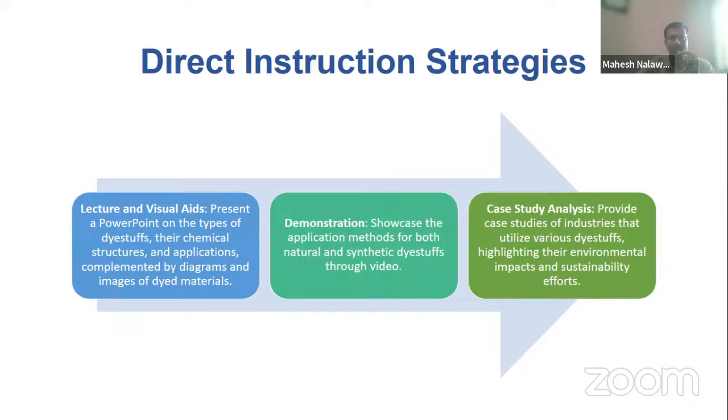The simple one is the PowerPoint presentation, where the topic and the related dye stuffs, their chemical structure, application, etc. will be explained to the students. Along with that, the students will be given demonstrations so that the application part will be covered. In addition to that, case study analysis will also be discussed with the students in the classroom.